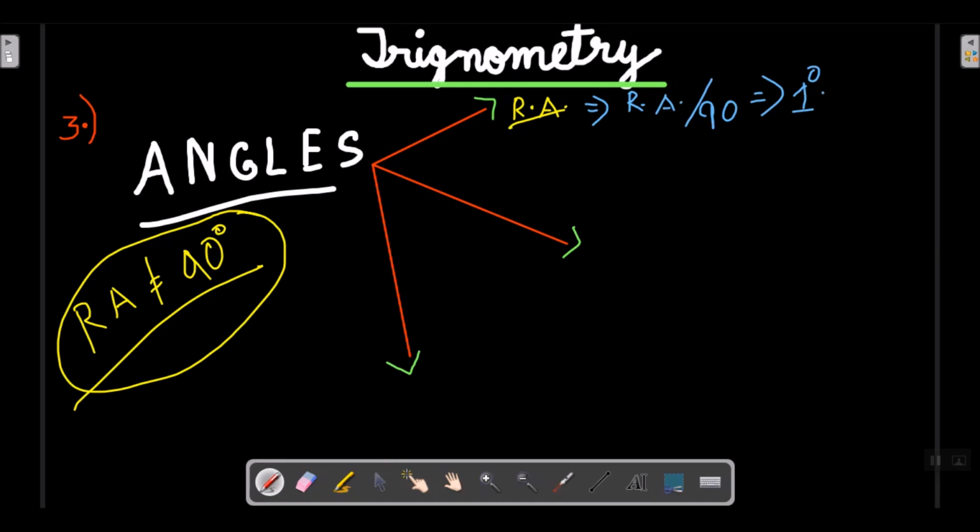Yeah, so 1 degree is equal to 60 minutes, sorry, 1 degree is equal to 60 minutes, and 1 minute is equal to 60 seconds.